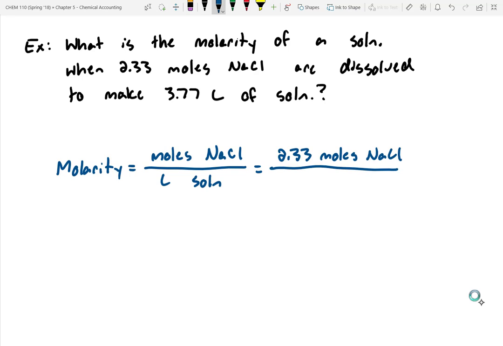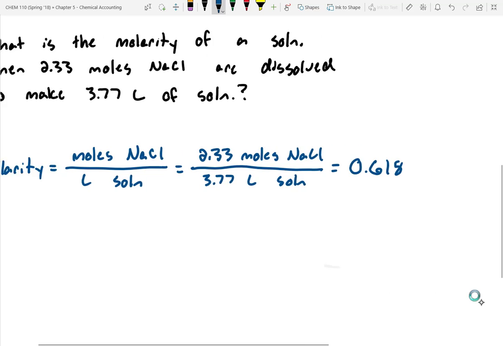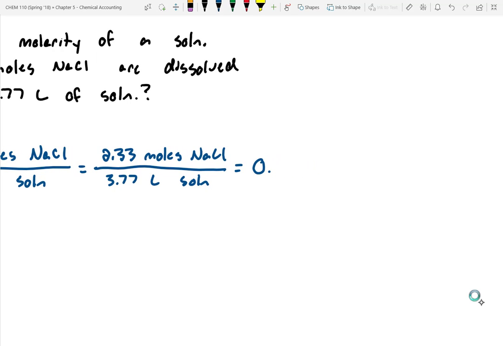That was given in the problem. And then we're making 3.77 liters of solution. And what answer are you getting? 0.618? 0.618. And then our units would be molar, capital M.